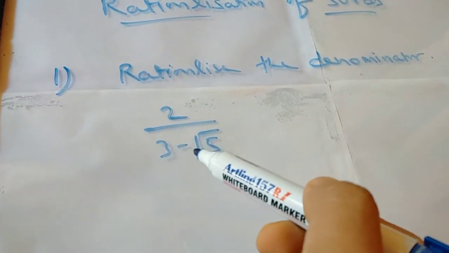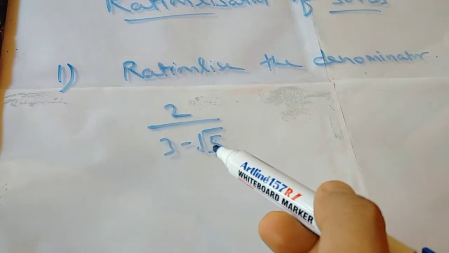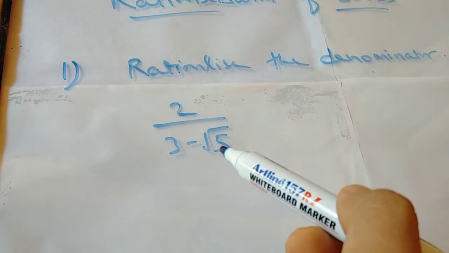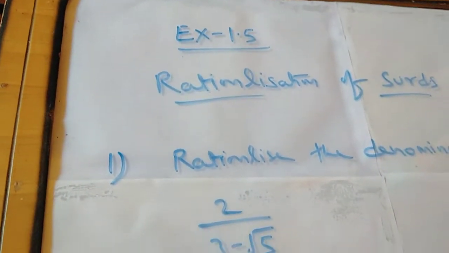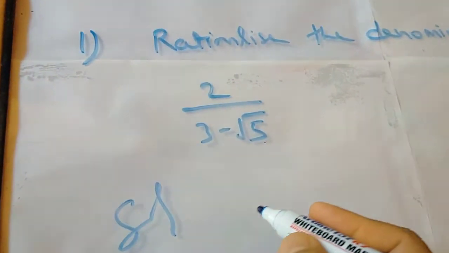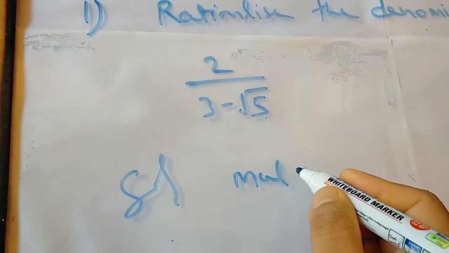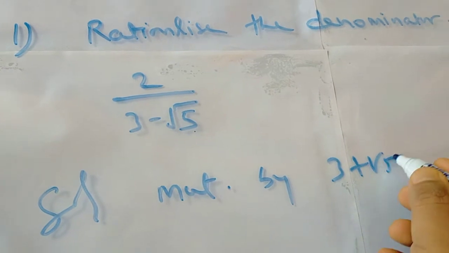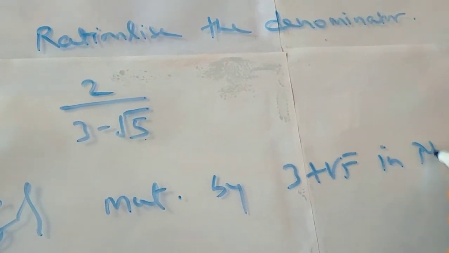If it is in a minus b form, then a plus b is the conjugate. So we have to multiply the numerator and denominator by the conjugate of this number. You can write here, multiplying by 3 plus root 5 in numerator and denominator.